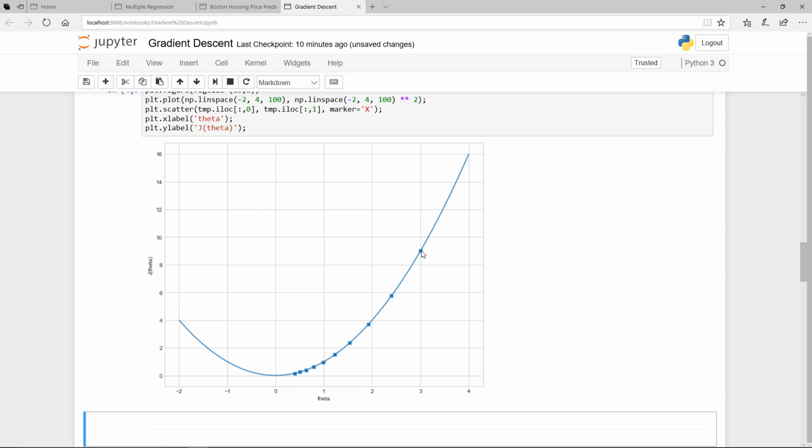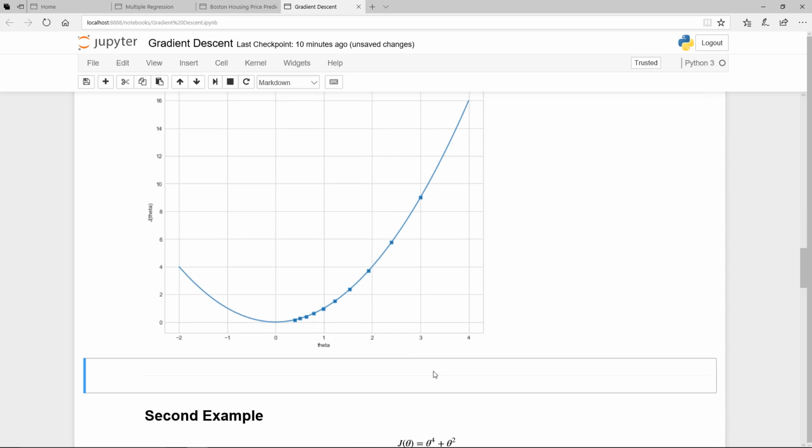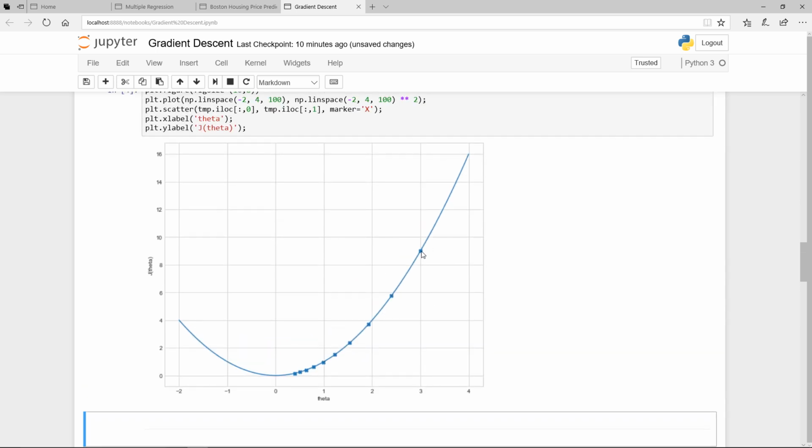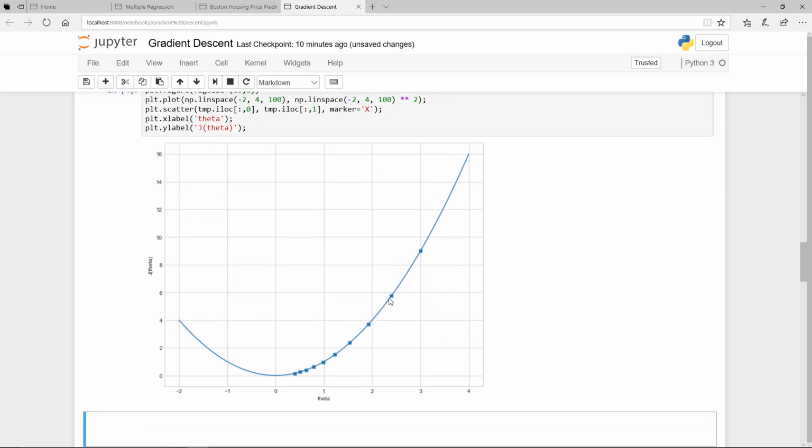Notice that as we start learning, remember we start learning from theta of 3. Our learning went from 3 to 2.4 to 1.92, and all the way down, and eventually it will end up with 0 being the minima.